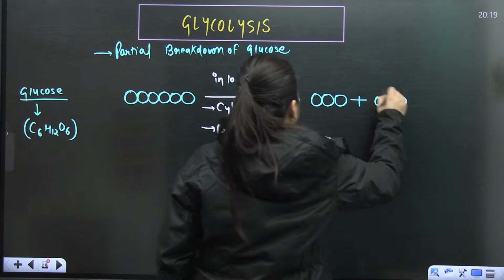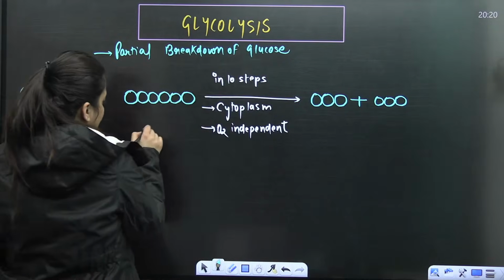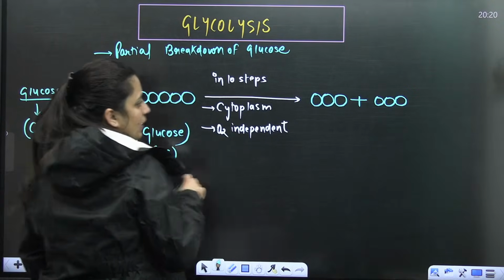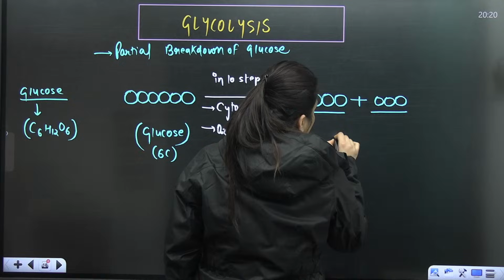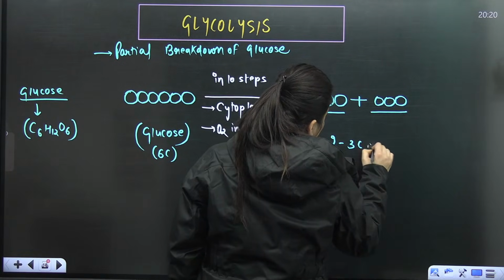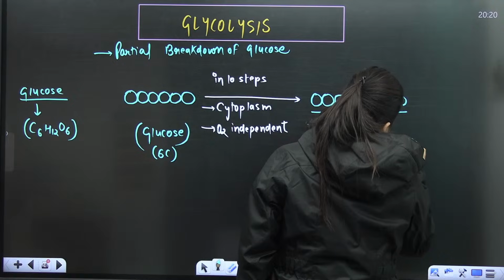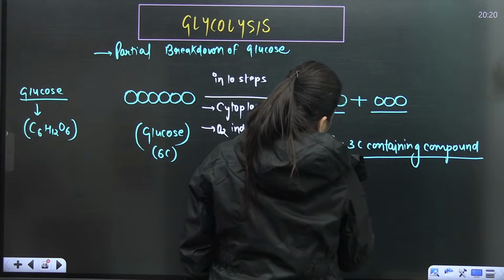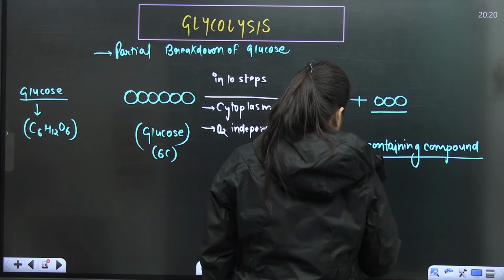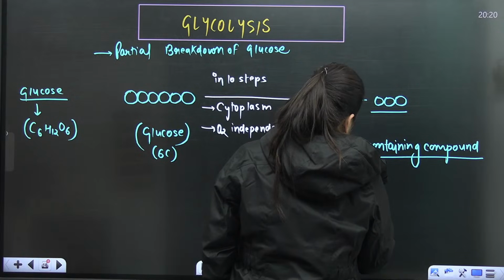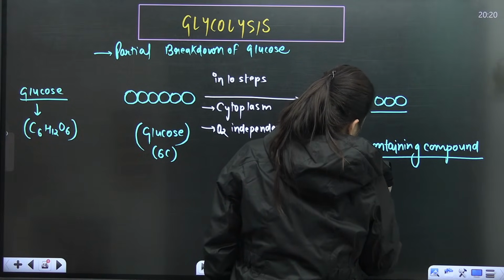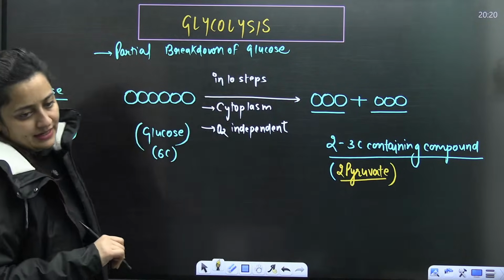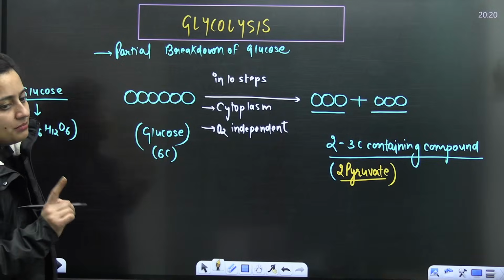This is what we have to understand at the end, that this is the glucose, a 6 carbon containing compound. We will break it into 2 3-carbon containing compounds. And what is it, beta? Quick, pyruvate. Pyruvic acid, ionic form is pyruvate. So these are 2 pyruvate, 2 3-carbon containing compounds.